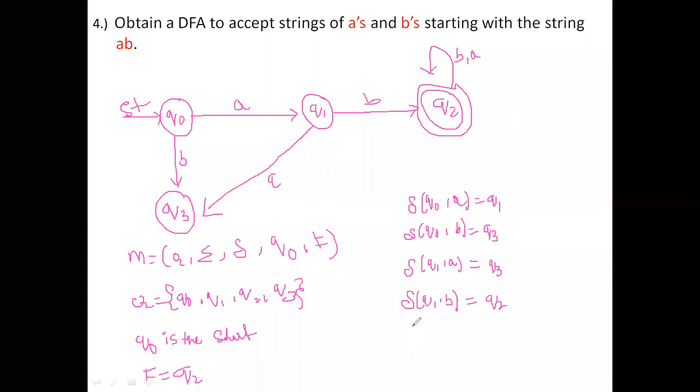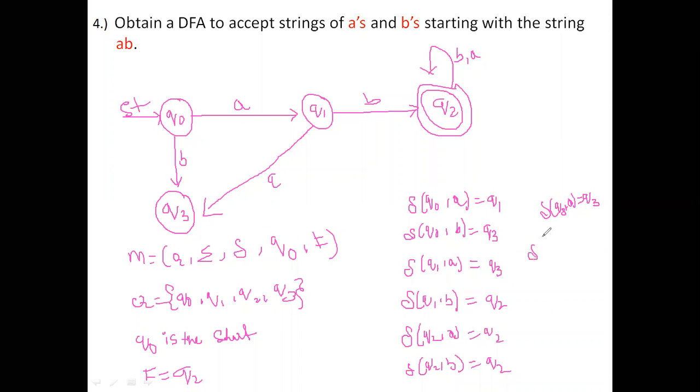Later delta of Q2 comma A will be equal to Q2 itself. Is it right? Self loop we got. Then delta of Q2 comma B will be equal to Q2 itself. Then the last, delta of Q3 comma A will be equal to Q3 itself.